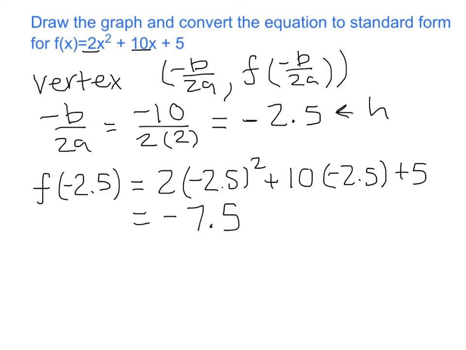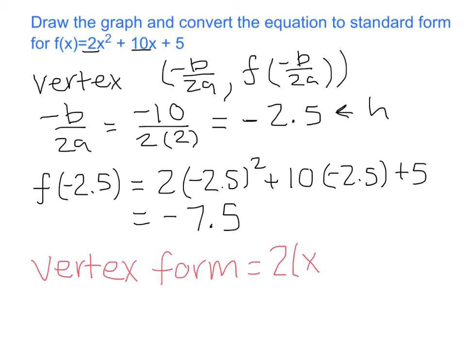To write my equation in vertex form, I have my a value. My a value is the same as in standard form. The a value is 2. The h value, since it's -2.5, it's going to move our graph to the left, which means in vertex form it's a positive h value.